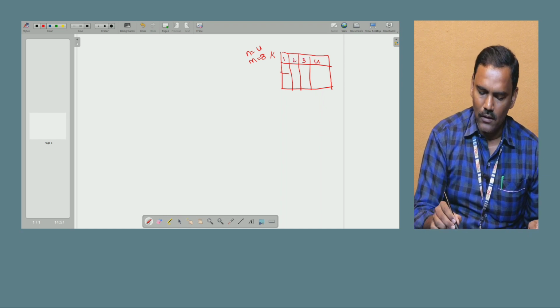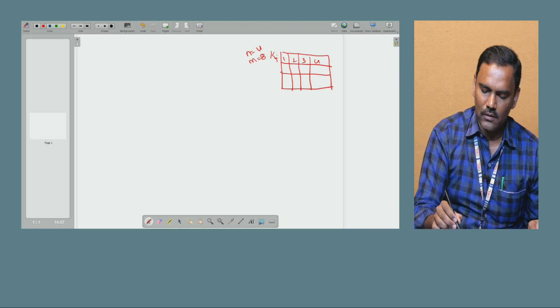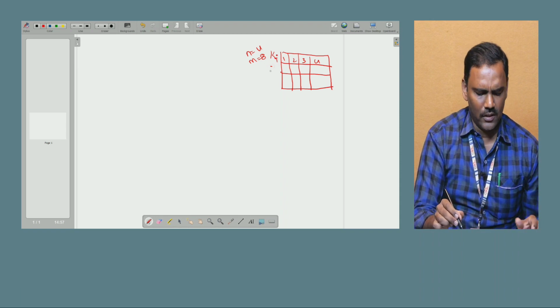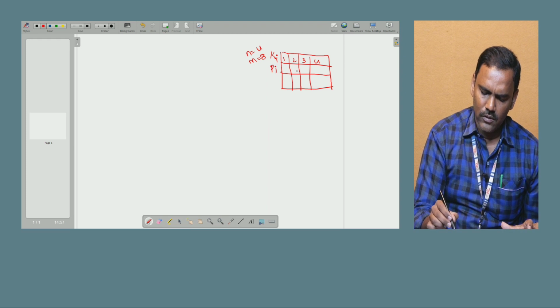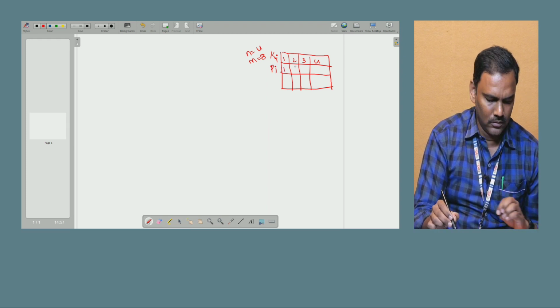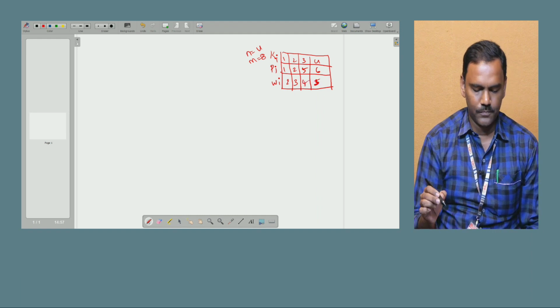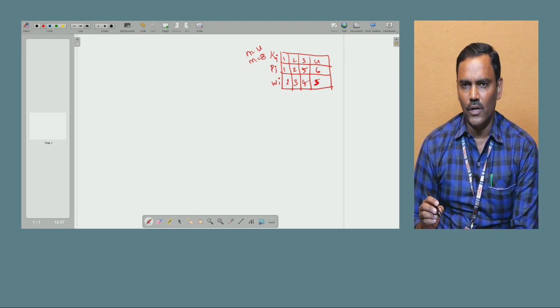Then I am going to be taking the p of I value equal to 1, 2, 5, 6, and the weight values I am going to be taking initially 2, 3, 4, 5. This is what we are going to be taking.